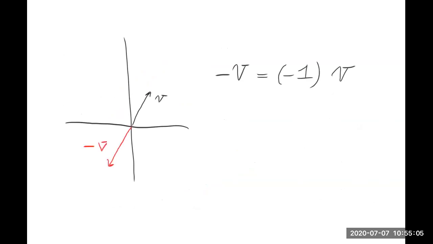This is minus V. And if we have a vector V, -2 times V is a vector in the opposite direction, but the size is 2 times V. It's going to look like this. So this is -2V.